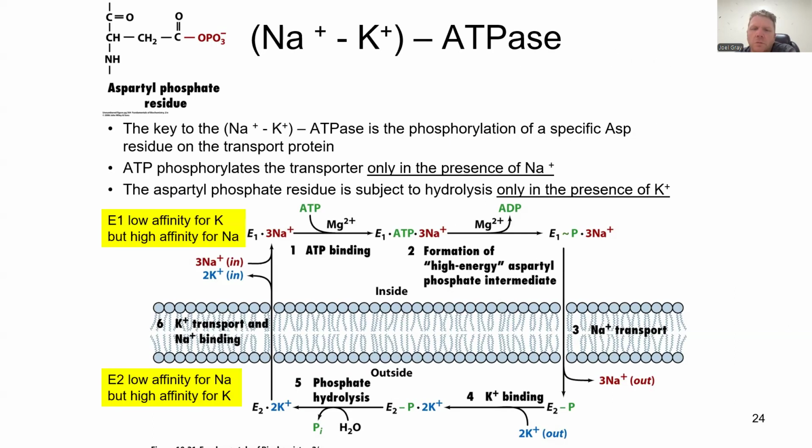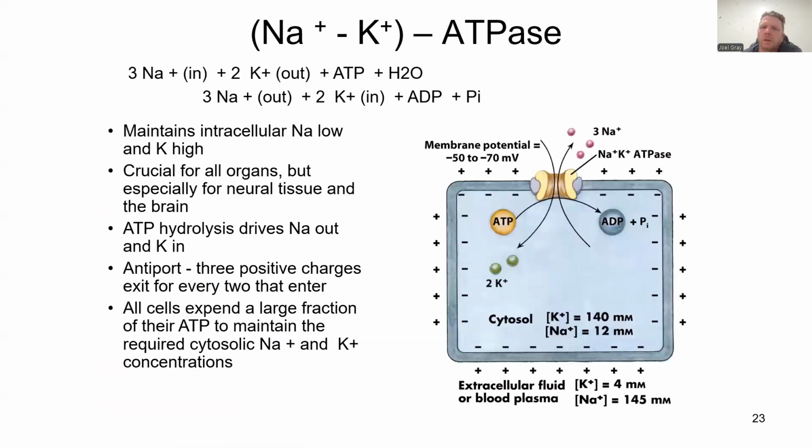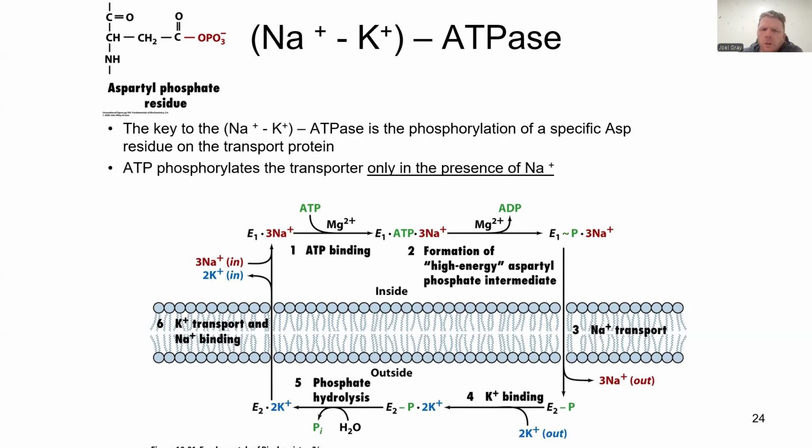Okay, so this is going to be the last slide of the presentation. And this is effectively the last slide of the semester. So this ATPase is this thing right here. That thing is E1. It's also E2. So I don't want you to think about this as two different proteins.